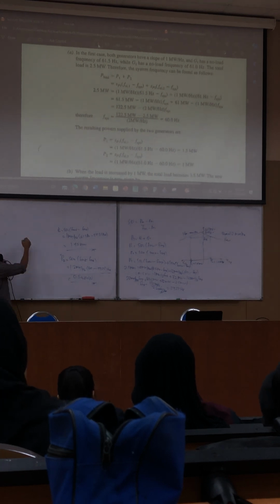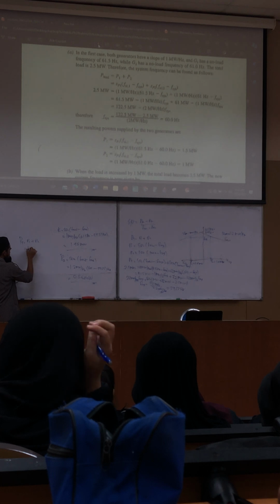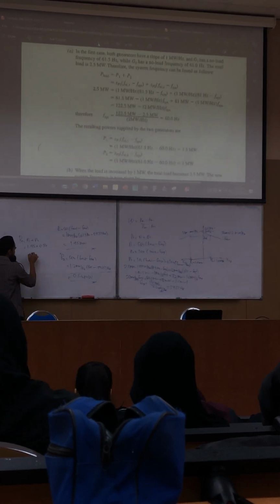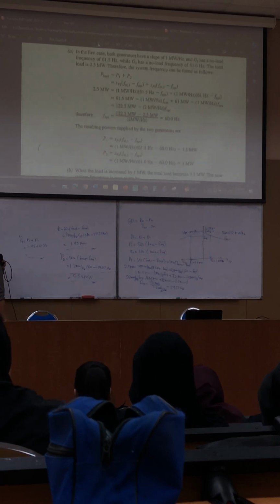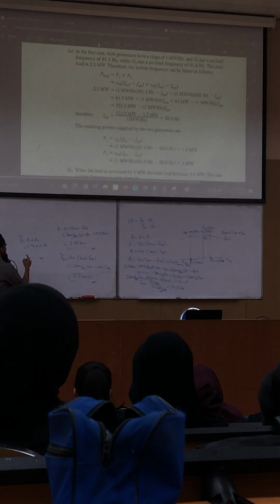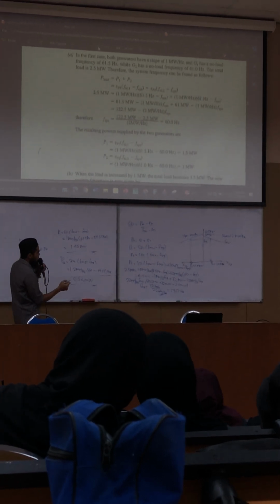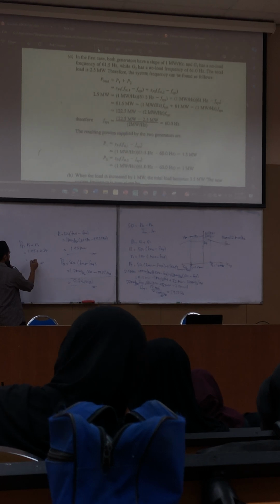P total equals P1 plus P2, which is 1.95 plus 0.54. What do we get? What was the total earlier? 2.5.